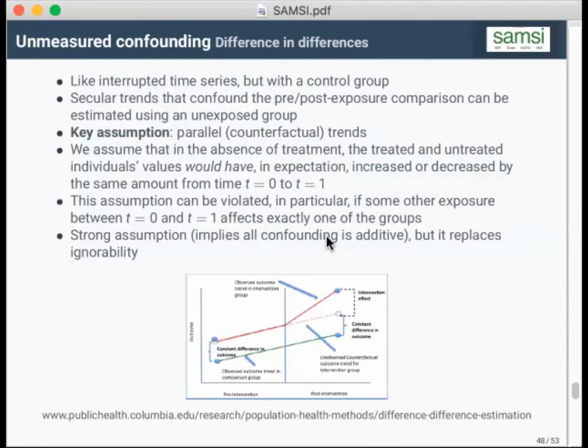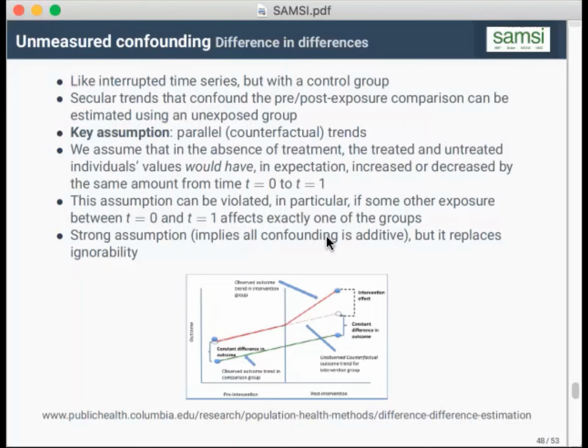So for example, if coronary heart disease rates are changing in Sicily over time, then the sudden change that looks like it's due to the implementation of a smoking ban could actually be due to those secular trends. And if we had a control group that never saw a smoking ban implemented, we would be able to estimate those secular trends and, under some assumptions, subtract them off.